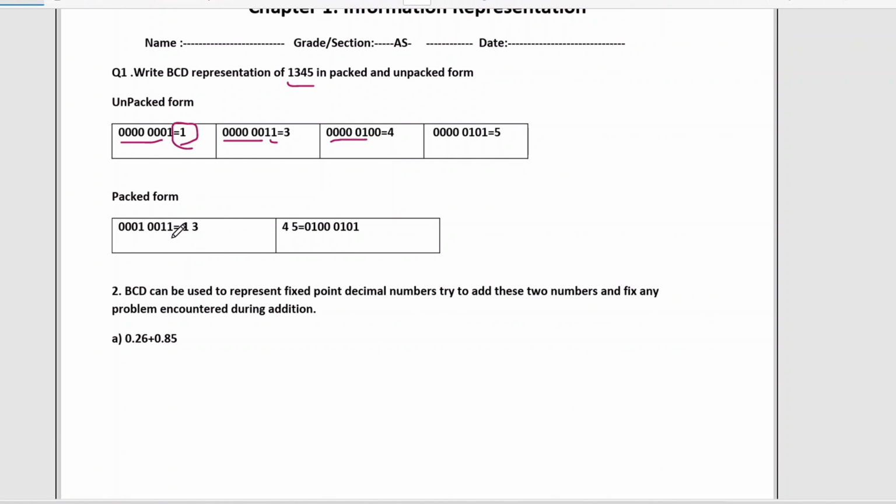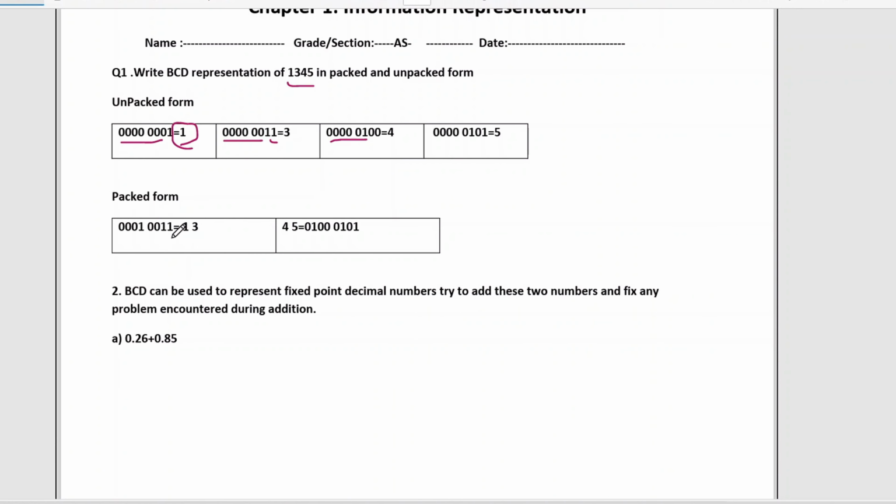Okay, I'm going to add this. So 1 plus 0 is 1, 1 plus 1 is 0 with a carry, 0 as the sum, carry over here, 1 plus 1 is 0, and this carry goes over here, so it becomes 1, 1, 0, 1, 0.